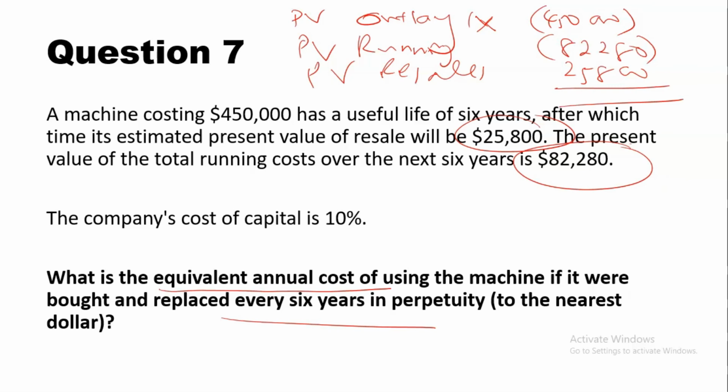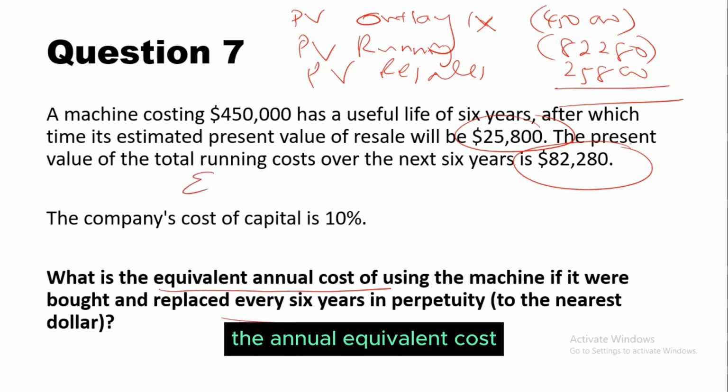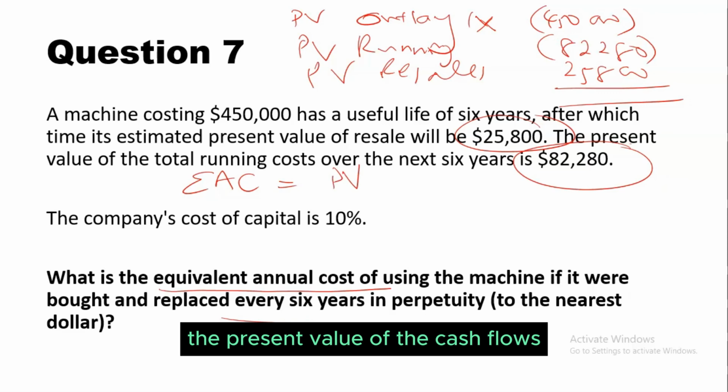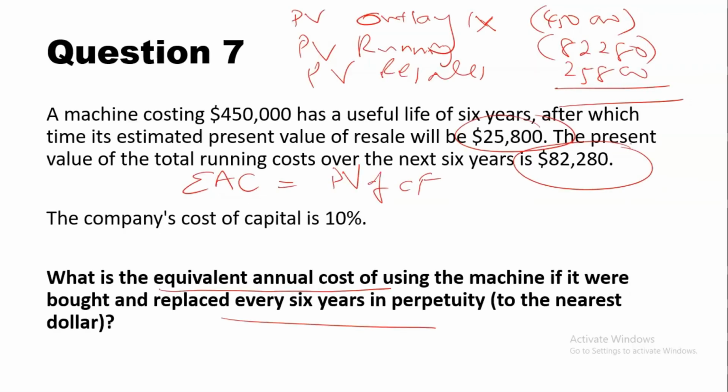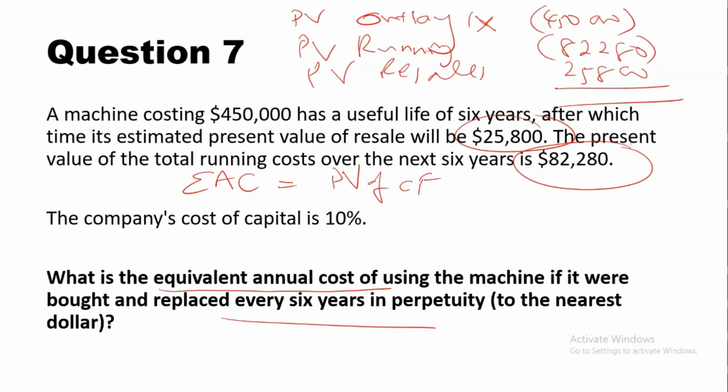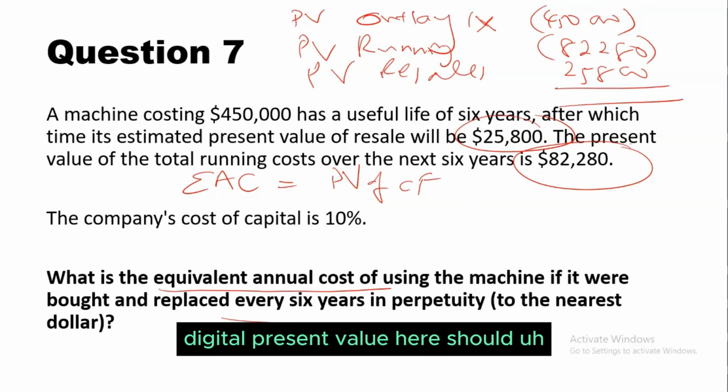Remember, the equivalent annual cost, or the EAC, should be the present value of the cash flows, the total present value divided by the annuity factor.